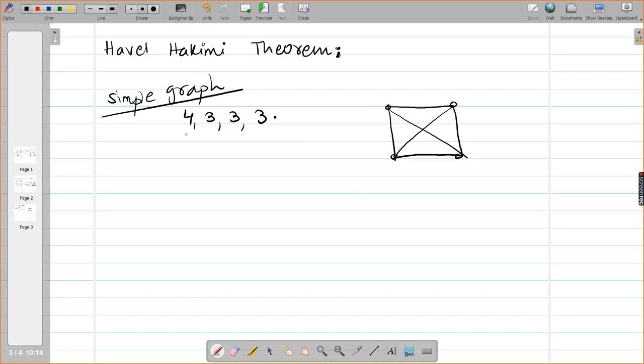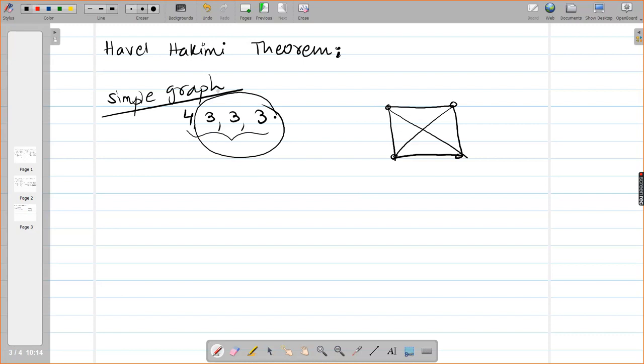So, is it possible to draw such a simple graph on 4 vertices with these degrees? We can see it contradicts the fact that every graph has an even number of odd degree vertices. It has 3 vertices whose degree is 3, so such a graph is not possible.